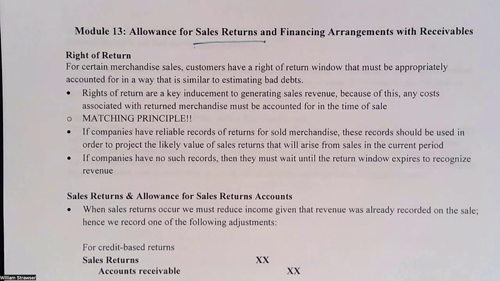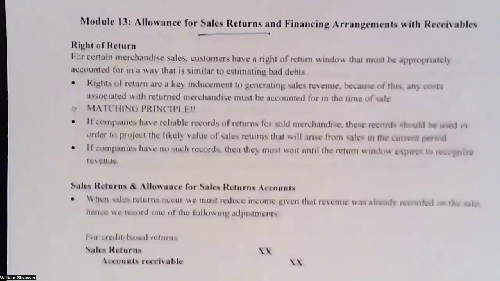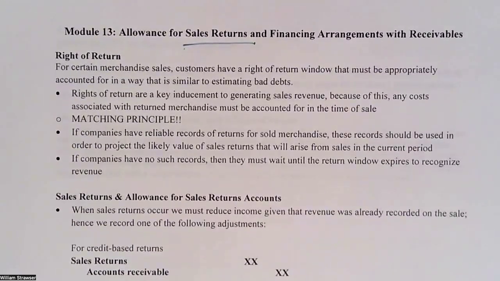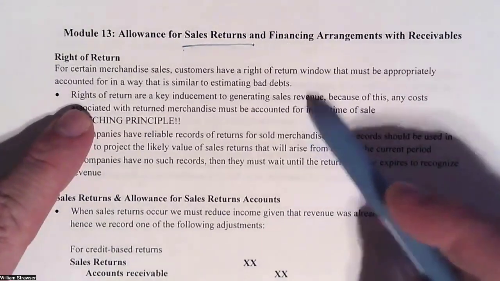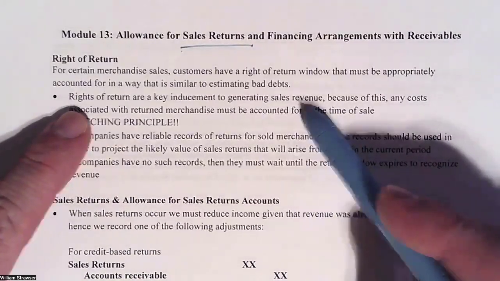So a right of return, right? We're all familiar with that. We've bought merchandise that we have the unconditional right of return. We account for this on the business side very closely to the way that we do with bad debt expense. Because the rights of return are going to help me generate sales revenue, right?